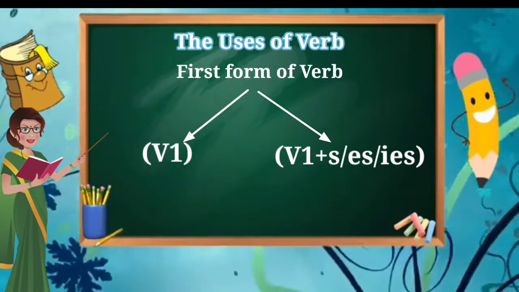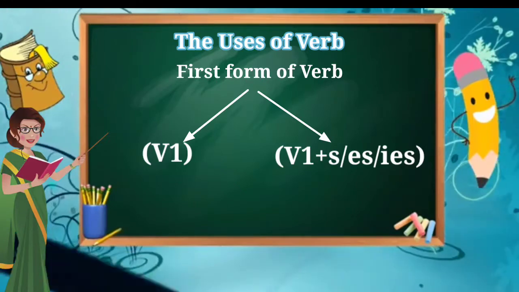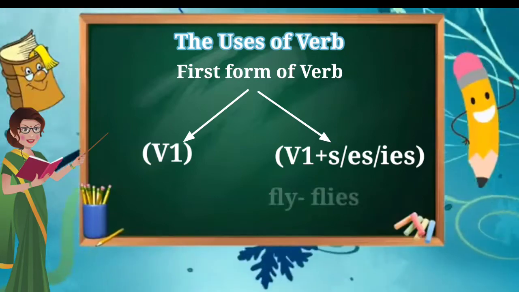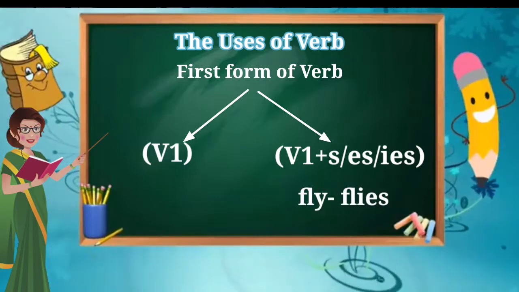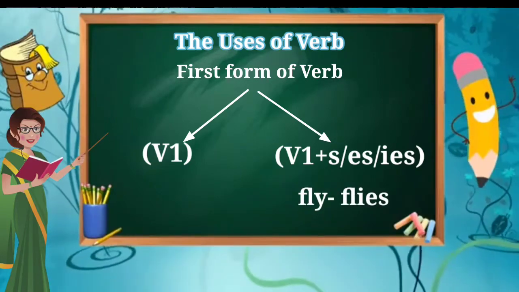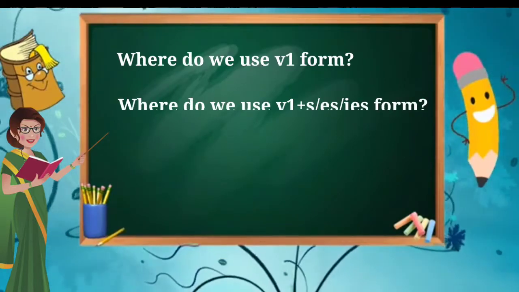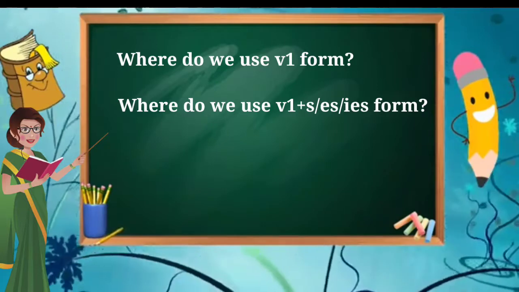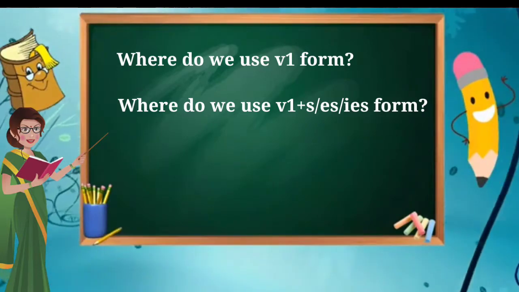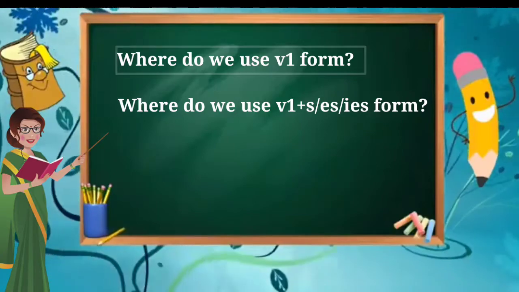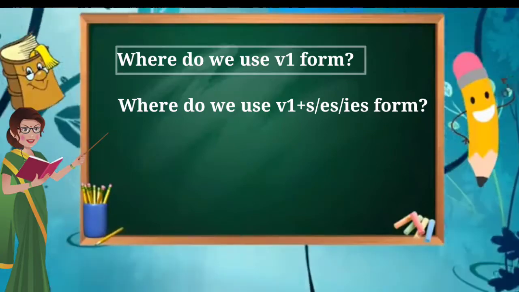But if a verb ends with Y, there we will use IES, like fly, flies. Now, the question is that where do we use V1 form and where do we use V1 plus S, ES or IES form? So let's have a look at the first one, V1 form.